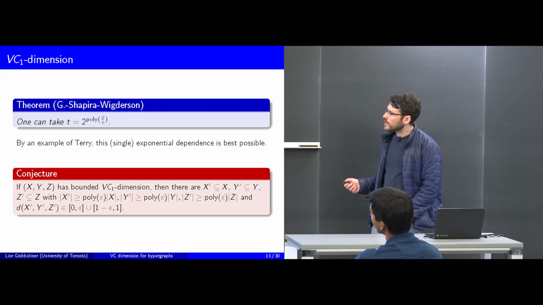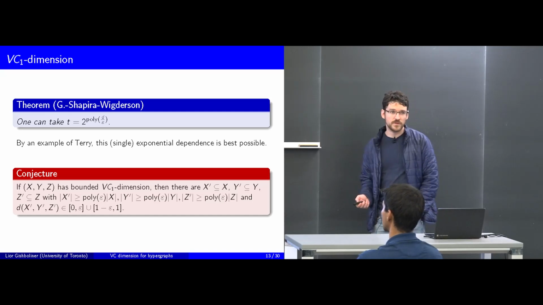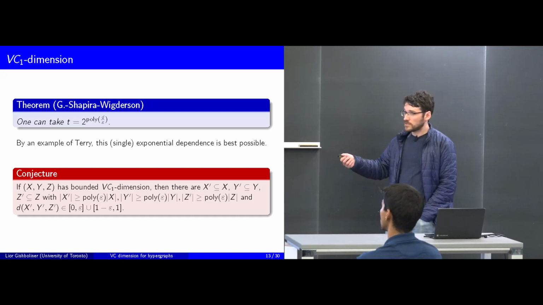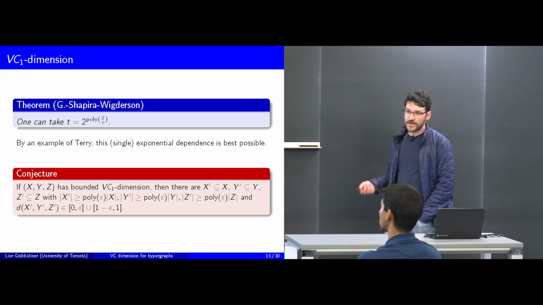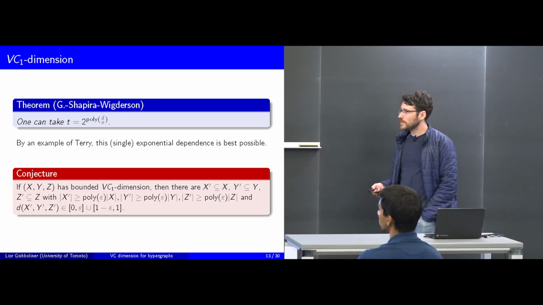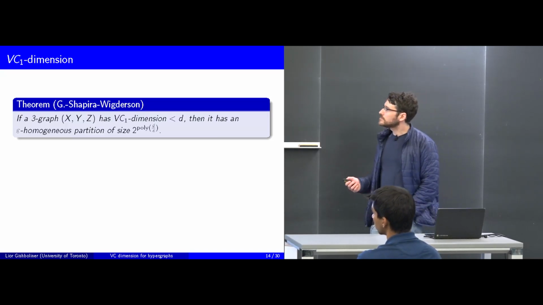And those x prime, y prime, z prime actually are much larger. They are of size polynomial in epsilon times x. So you cannot partition into sets of this size, but you can find one. OK. Questions? No question. OK.